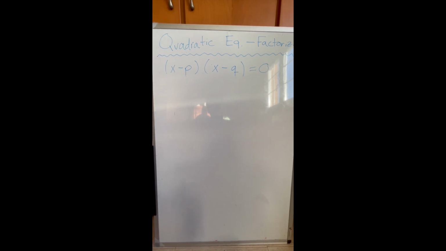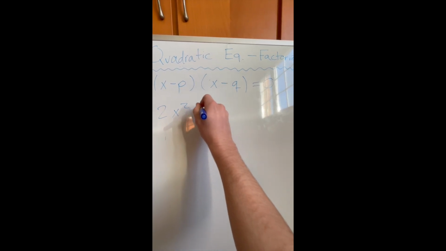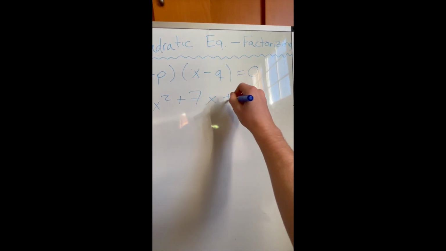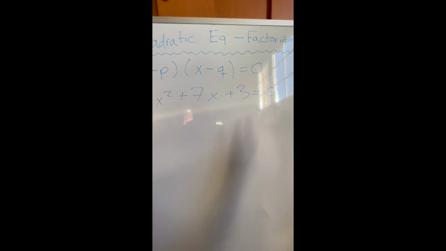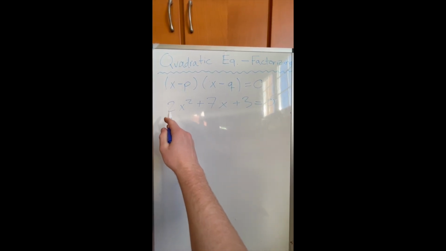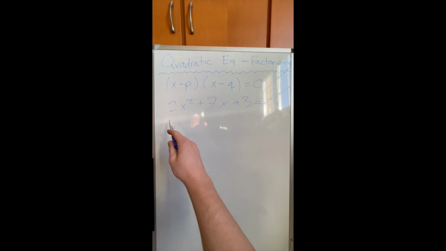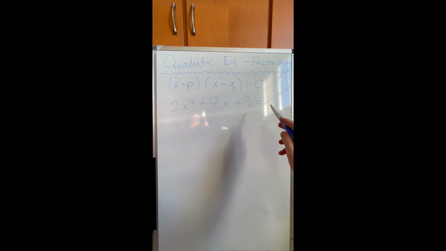Let's practice with another trickier example. 2x squared plus 7x plus 3 equals 0. In our last equation, our coefficient for a was 1, but in this case it is 2. This means that your 2 will be multiplying the c value.